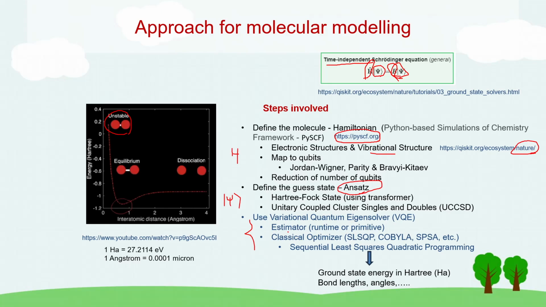The first one is the estimator. So once you build this and execute it on quantum computer hardware or a simulator, you need to make measurements, and you'll be using the estimator function, either from the primitive library or runtime library, depending on where you are doing the simulation.